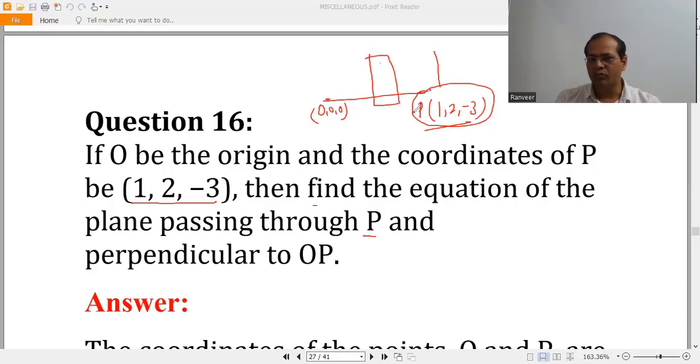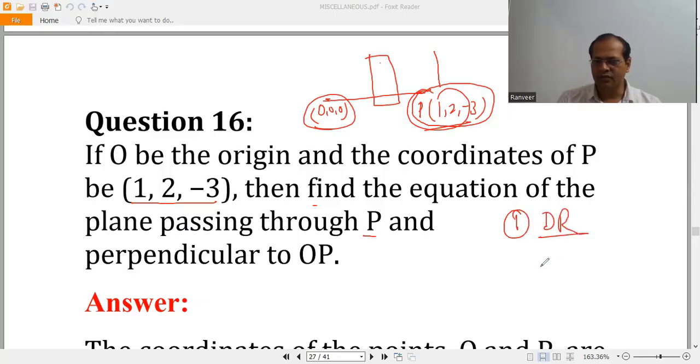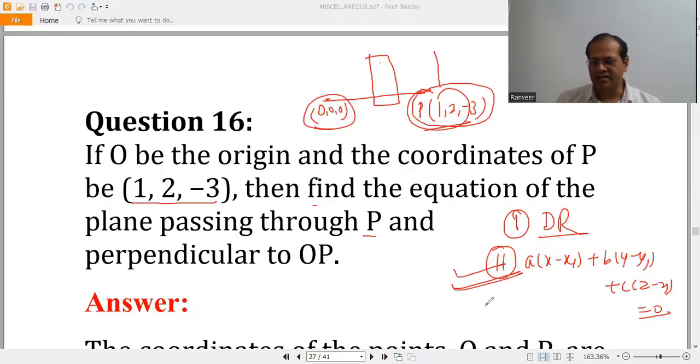Now, try to understand the very, very important thing here. First of all, when two points are given, our first task is to find the direction ratio. Second, our task is to find the equation of the plane passing through one point: A(x minus x1) plus B(y minus y1) plus C(z minus z1) equals 0.